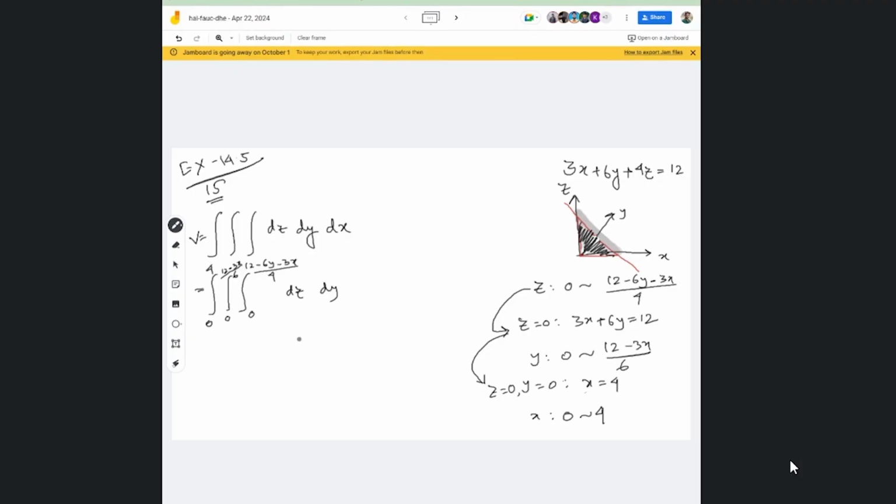Can I ask everyone to complete this integration by yourself and let me know your final answer? This takes a little long, but it is not that difficult to complete. Everyone please find the answer and let me know your result. Will it be possible for you to find this integral? Yes, sir.